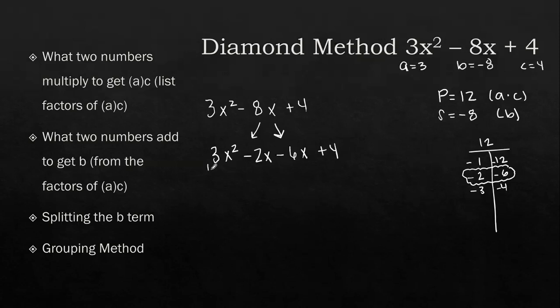Okay, so I'm going to group my first two terms and group my last two terms. And I'm trying to figure out what the greatest common factor is for 3x squared and negative 2x. What goes into both 3x squared and negative 2x? Factors, not multiples, factors.